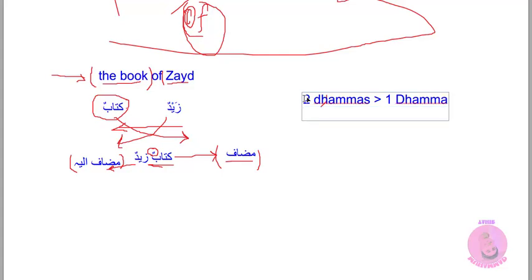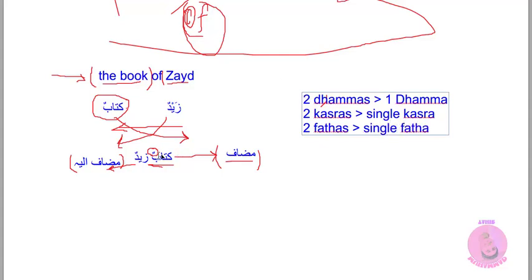And if we have two kasras, that will change into a single kasra, I mean one kasra. And if we have two fathas, let's say tanween, two fathas will change into a single fatha.